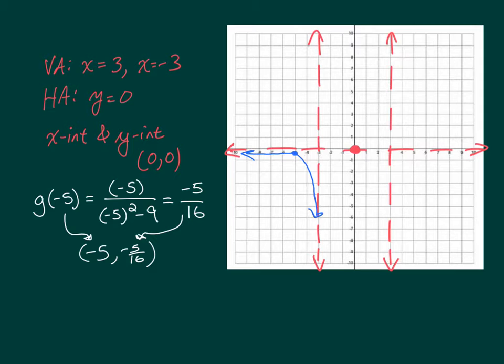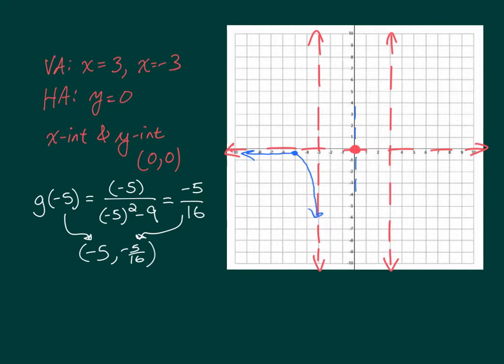Now, when we get over here into the middle section between this vertical asymptote and this vertical asymptote, we need to figure out if the graph will be above the horizontal asymptote or below the horizontal asymptote. The twist in this problem is that we have an x and a y intercept that lies directly on a horizontal asymptote. What that means is we have to treat it like a third vertical asymptote.